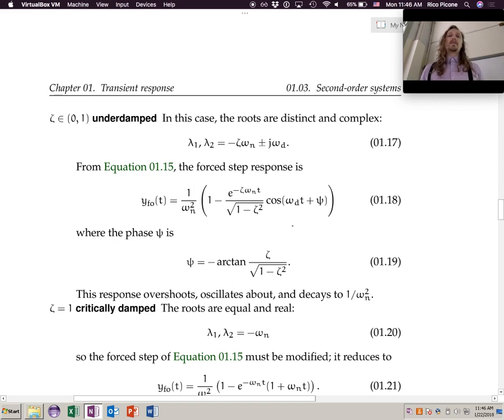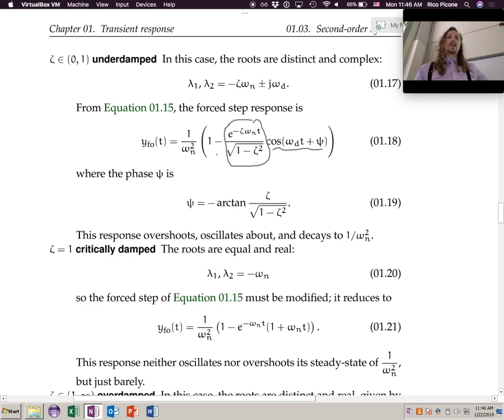And we have a decaying exponential term right here, multiplying a sinusoid, and we get 1 minus that. So essentially, we have this oscillation that is happening, but it's decreasing until you get some new equilibrium emerging, which is 1 over omega n squared.